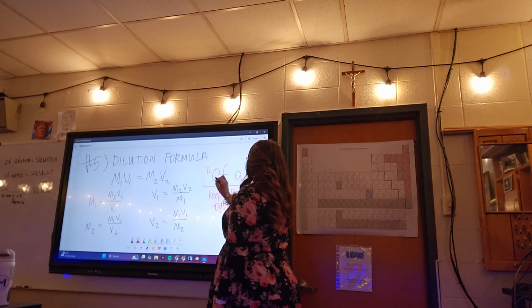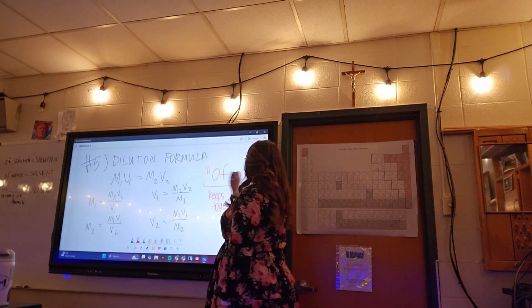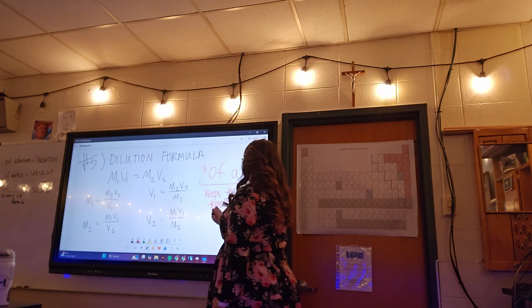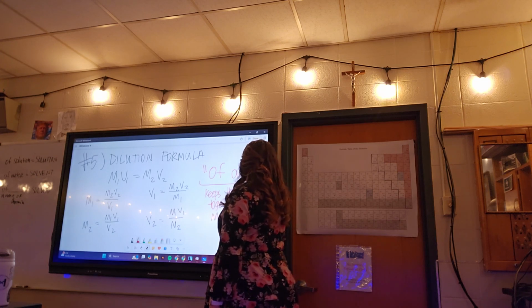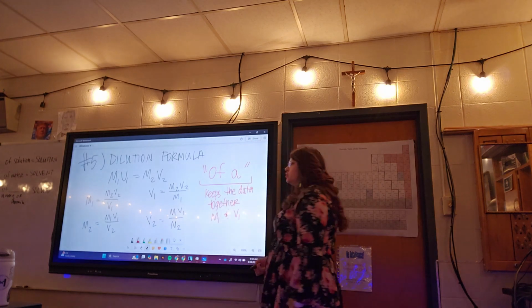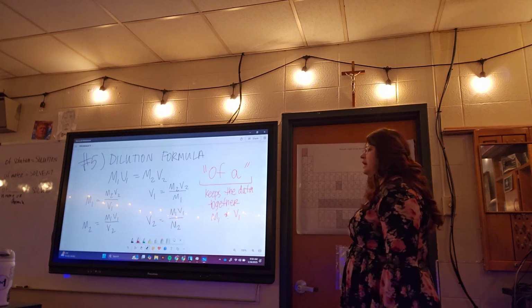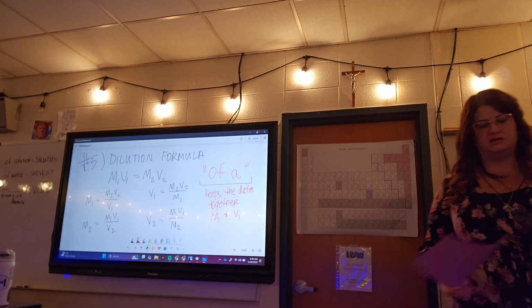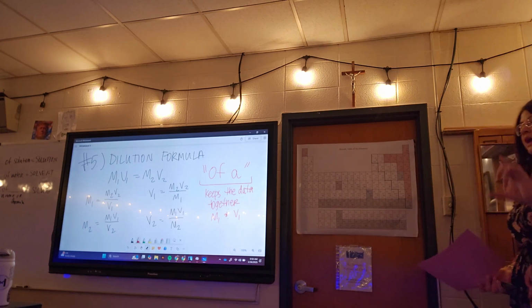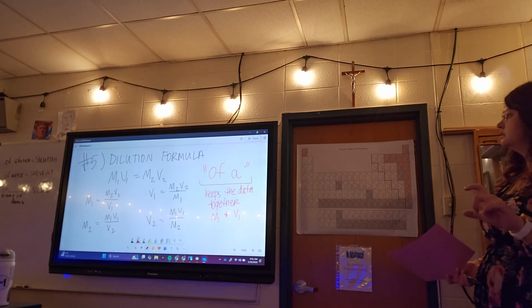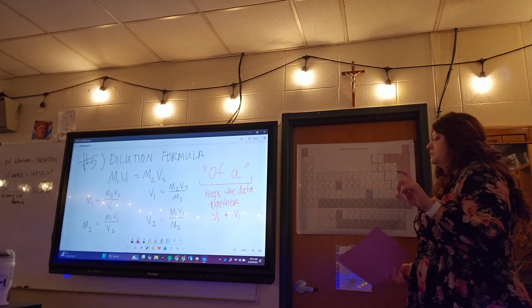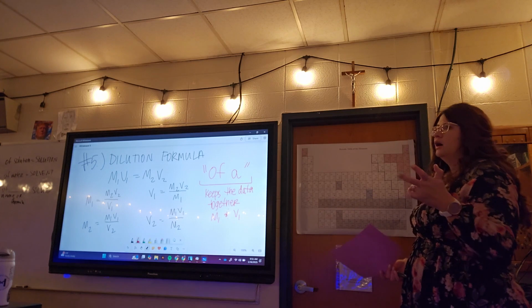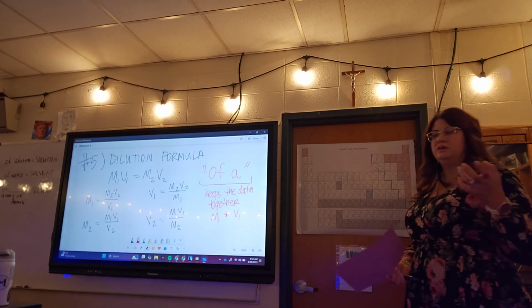Or in other words, whatever number is on the front and the end of this phrase will be your M1 and V1, or your M2 and V2. Doesn't matter how you identify them. And some of you will identify things differently than I do. That's okay, as long as you keep the things together that are meant to be together. And that's where that "of a" will be important.